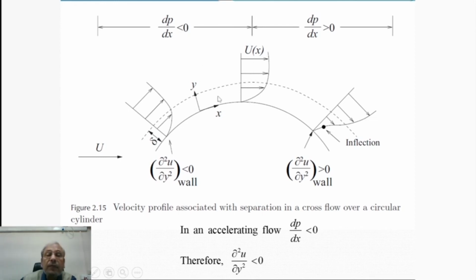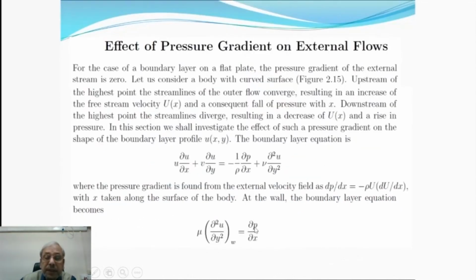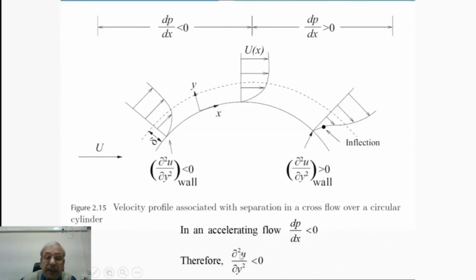So on the surface all over, the flow will accelerate because of favorable pressure gradient, and we will also find from this equation that since ∂p/∂x is negative, ∂²u/∂y², the curvature, is also negative.